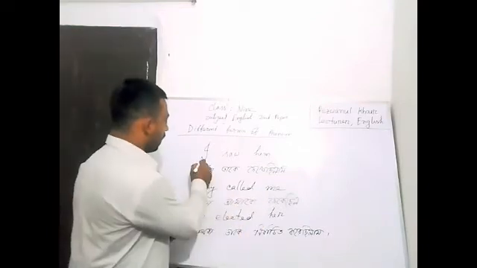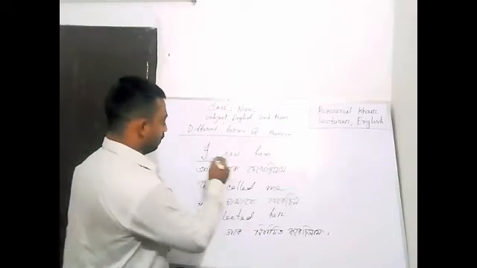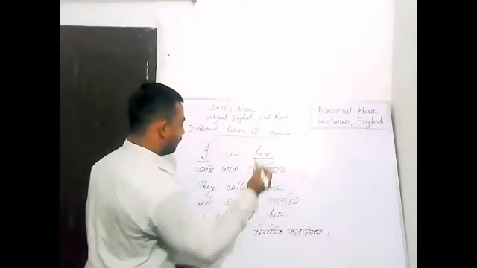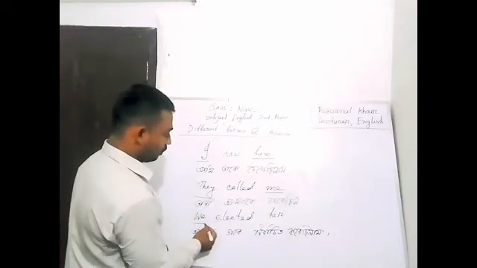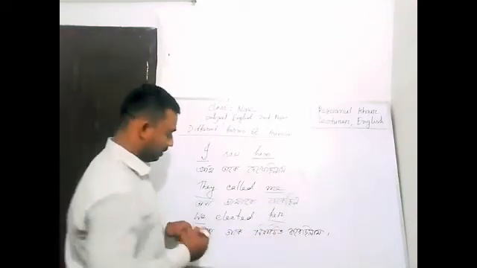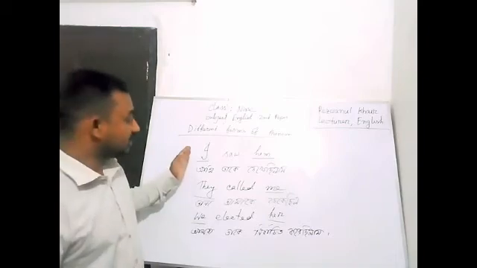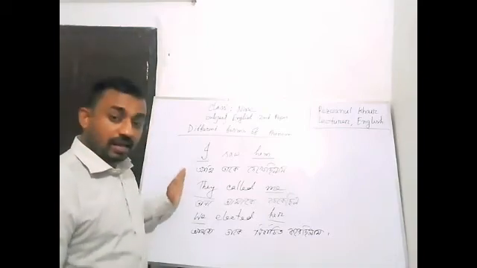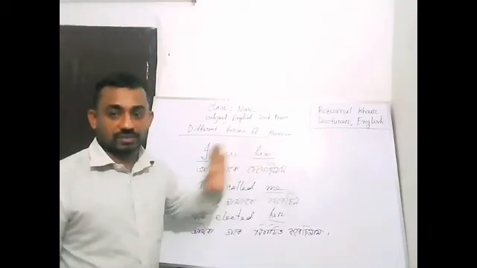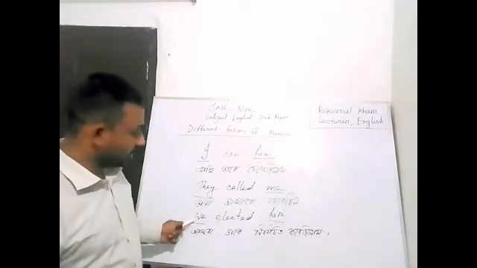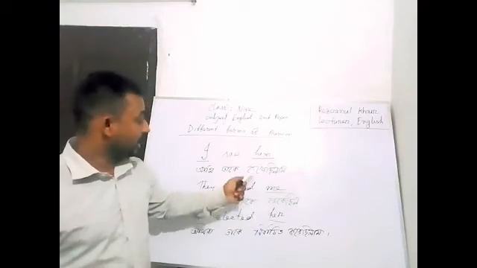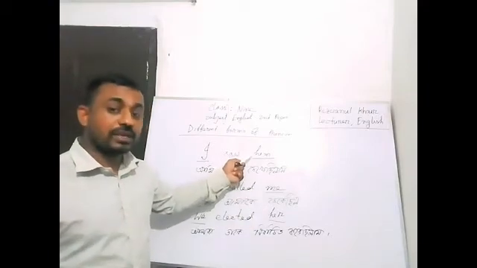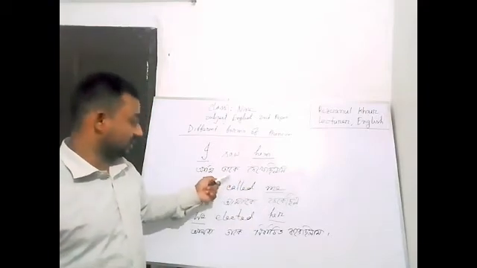Here I is a pronoun, him also a pronoun, they a pronoun, me a pronoun, we a pronoun, and her a pronoun. And here we have seen that all these are nominative and objective forms. These are nominative or subject, and these are objective, that is object, and this is how the meaning of the words is changing.